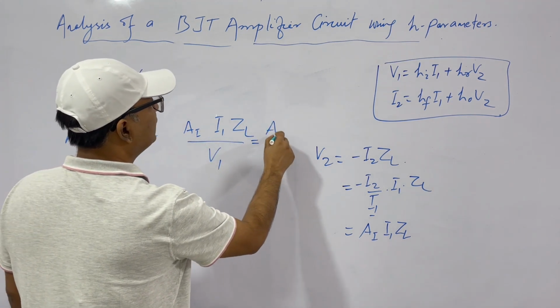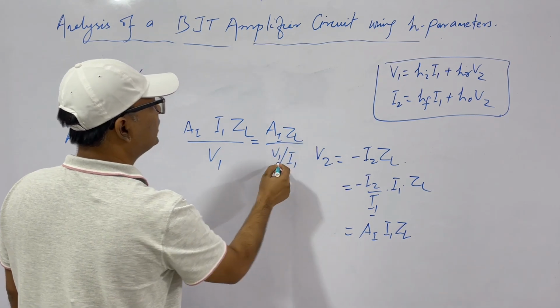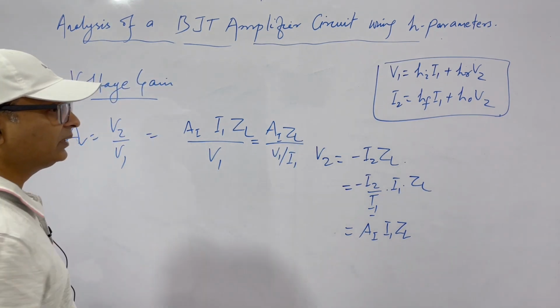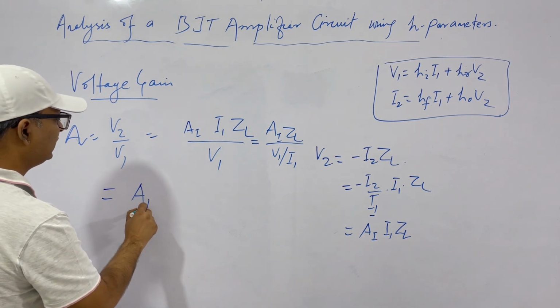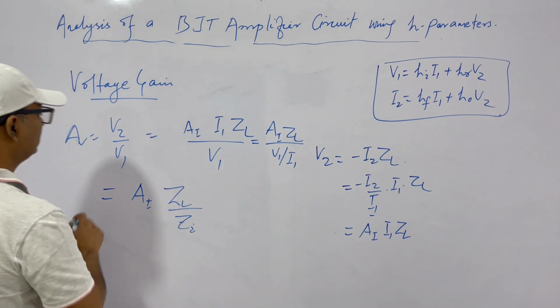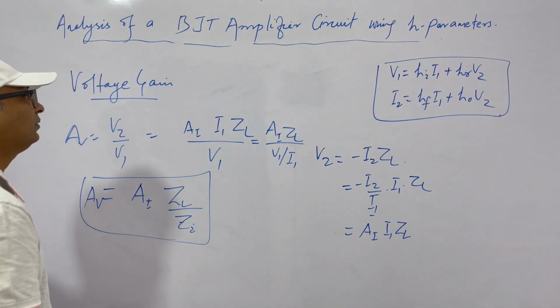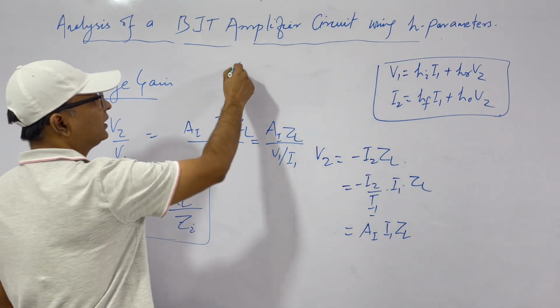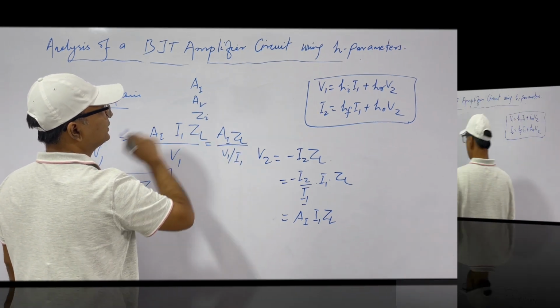AI ZL by V1 divided by I1. And what is V1 by I1? V1 by I1, that is Zi, input impedance. So this is AI ZL by Zi. This is our voltage gain. Clear? So we have derived formula for current gain, voltage gain and input impedance.